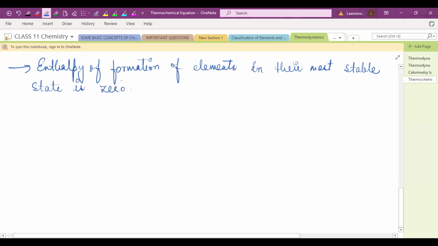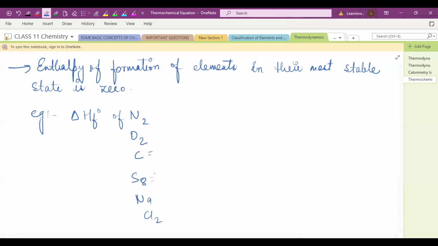So enthalpy of formation of elements in the most stable state is always zero. For example, delta HF naught of N2, O2, carbon, S8, sodium, Cl2. Each of these is always equal to zero.